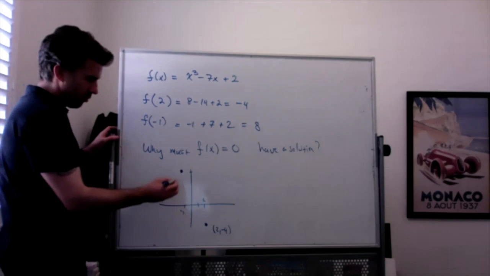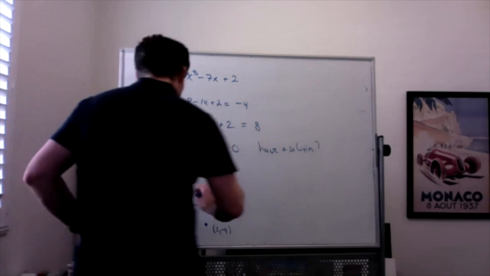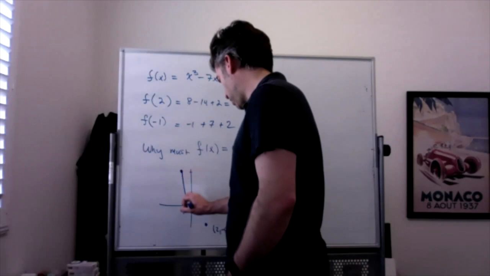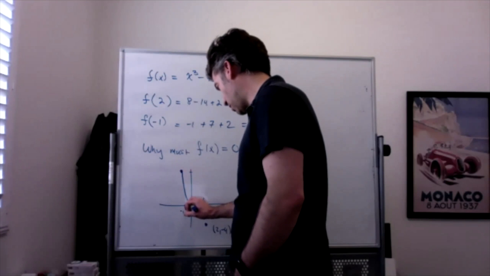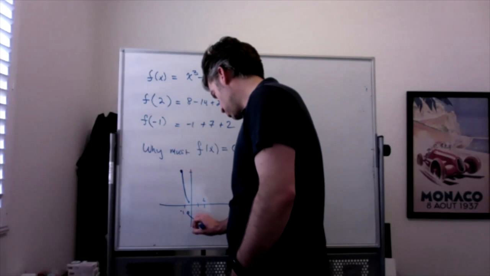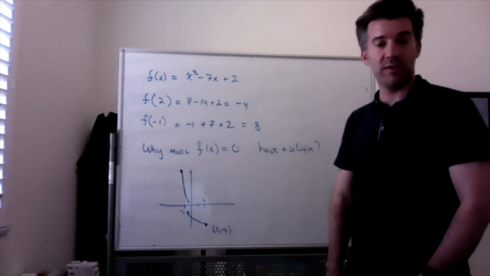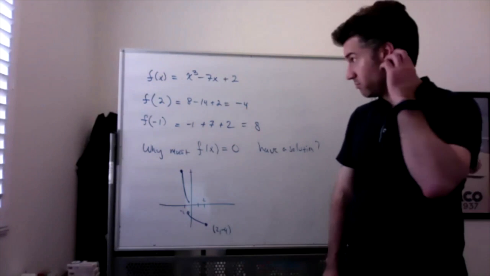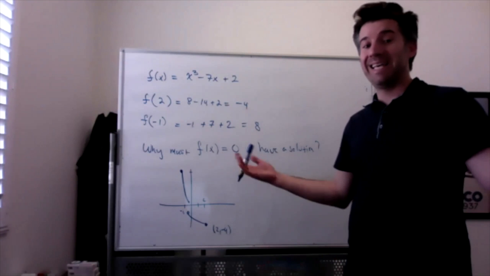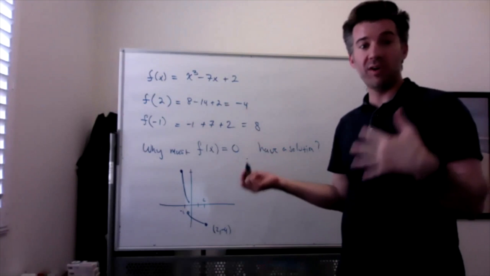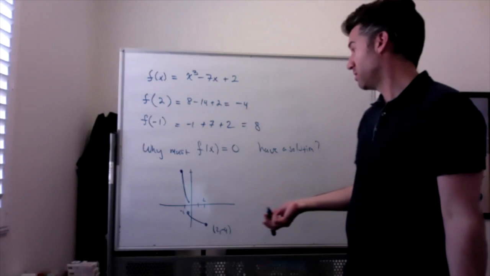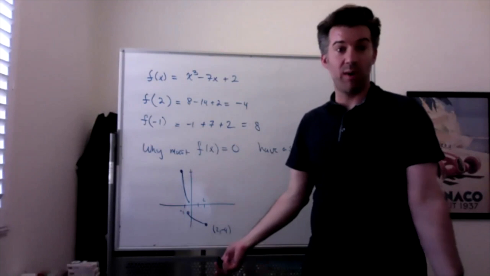So why can't I just do this? Why can't I come down part way and then maybe jump down here like that? Why is that not an option for this function? It's continuous. If a function's continuous, you can't just jump over some of the y values.